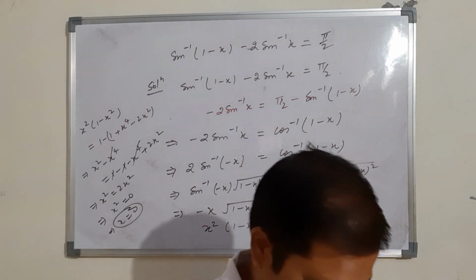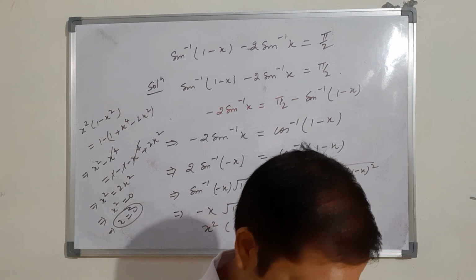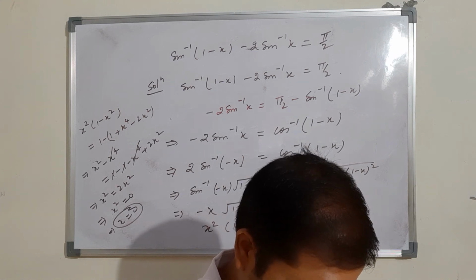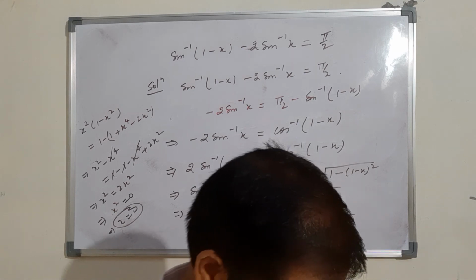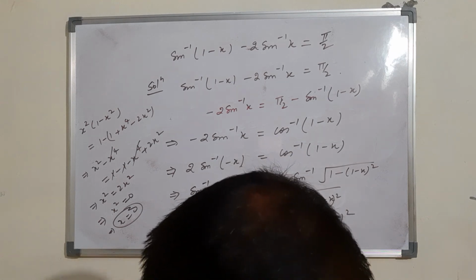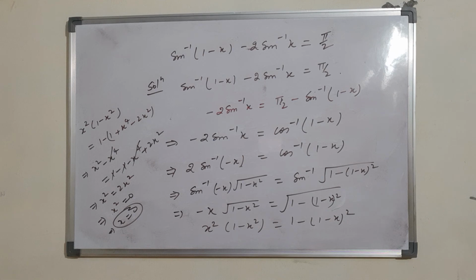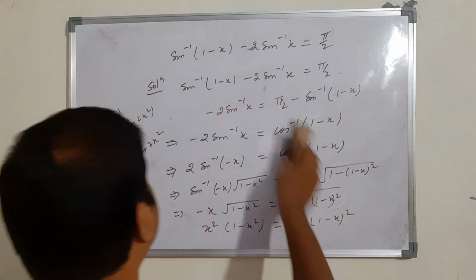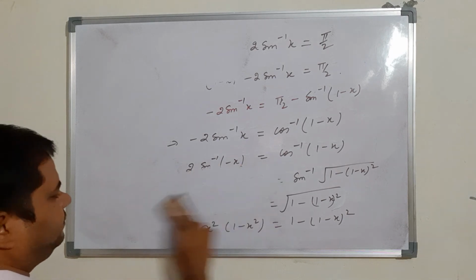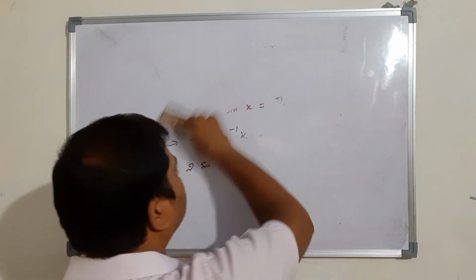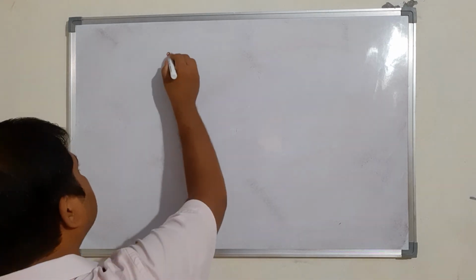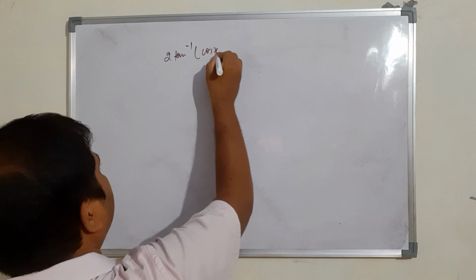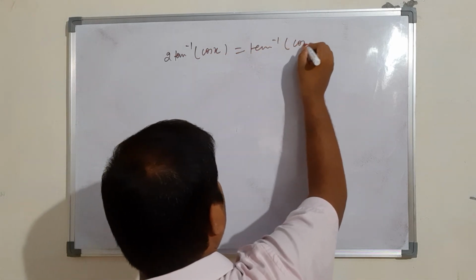Now next one. 2 tan inverse cos x is equal to tan inverse of 2 cosec x.